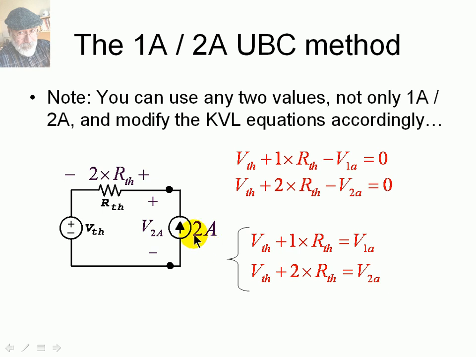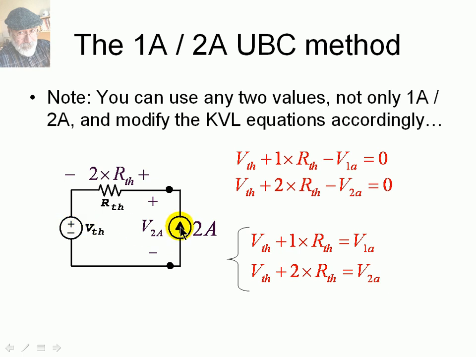Sometimes the student chooses, for some strange reason, to draw that current source upside down. Observe that in my set of equations I have drawn that current source entering the positive terminal, or should I say the assumed positive terminal of the Thevenin voltage.